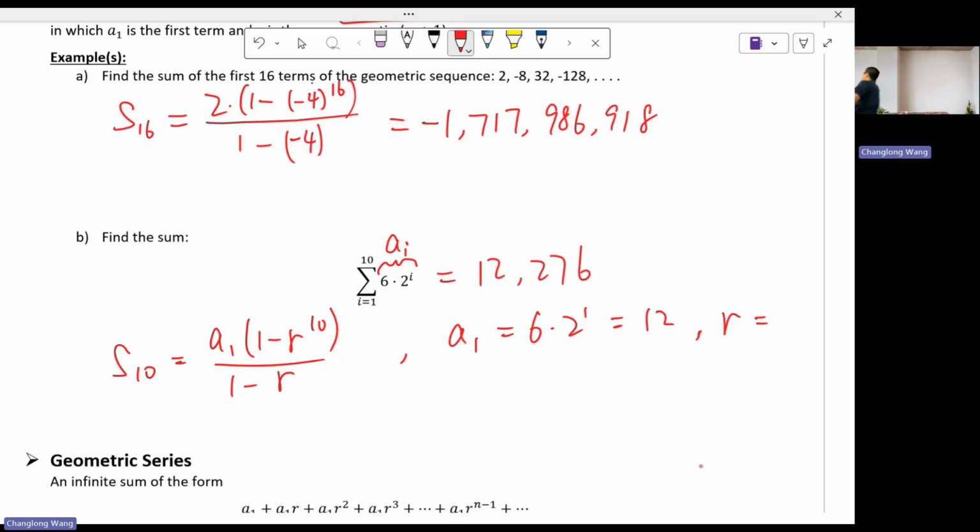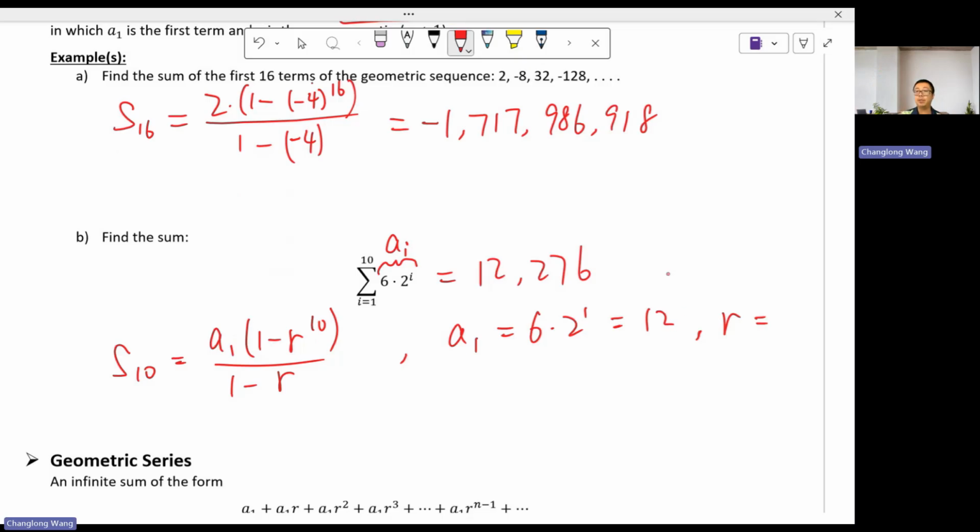So does it make sense that as you run the index i from 1 to 2 to 3 to 4, every time you increase the index by 1, you're going to multiply by 2? So that means that the base of the exponential expression is the common ratio, right?